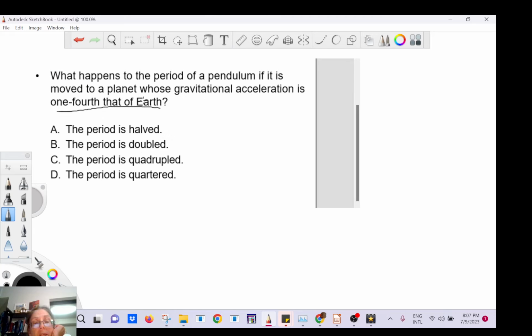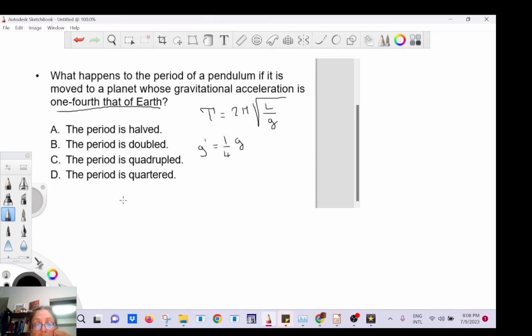So you see the period is 2 pi, and then it's going to increase with the length and decrease with gravity, right? And now you have a new gravity, which is 1/4 gravity on Earth. Okay, so you can do it algebraically, or you can do it with numerical examples.